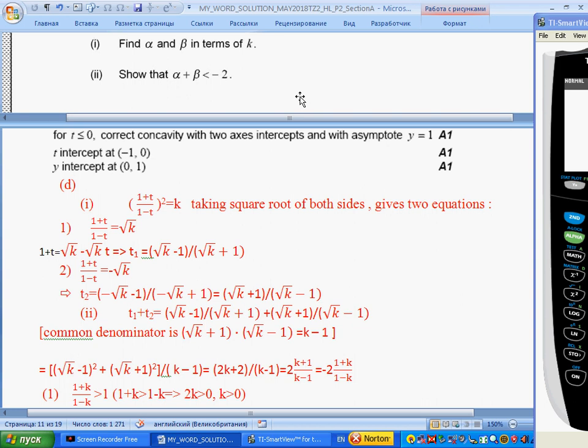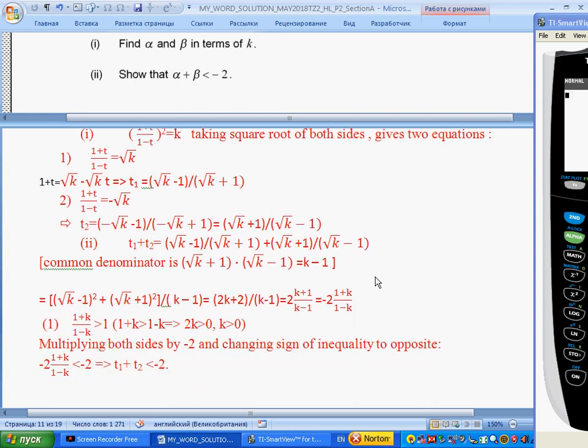Right. Show that alpha plus beta is less than minus 2. So you add t1 and t2, and you get minus k, 1 plus k, 1 minus k. You should use the formula of difference of squares.